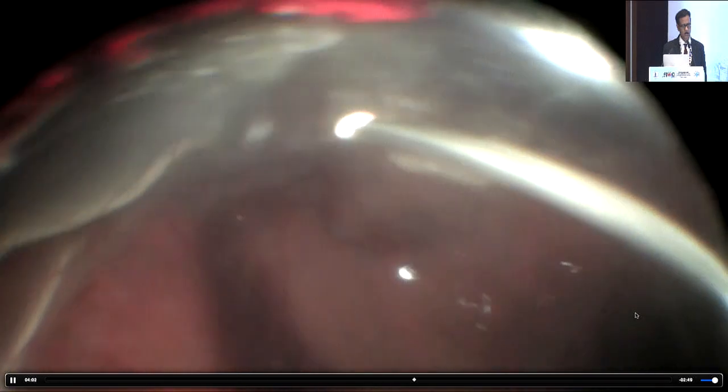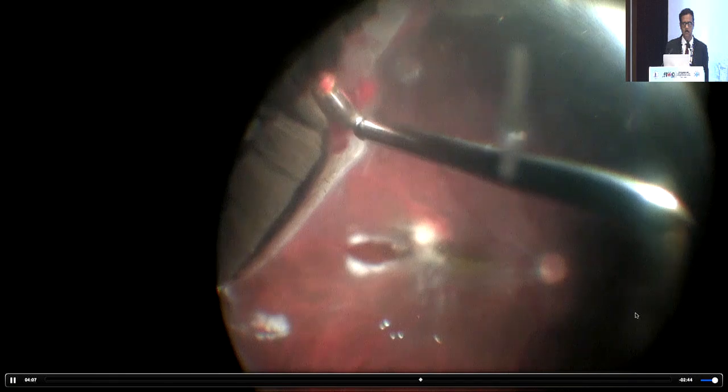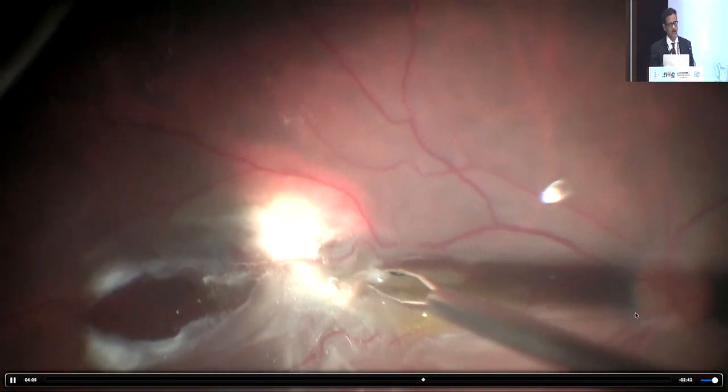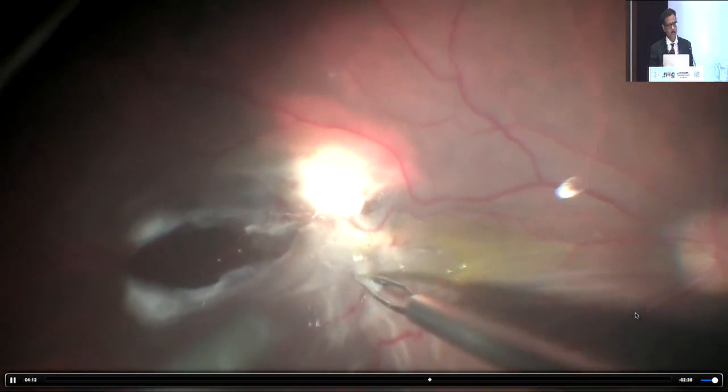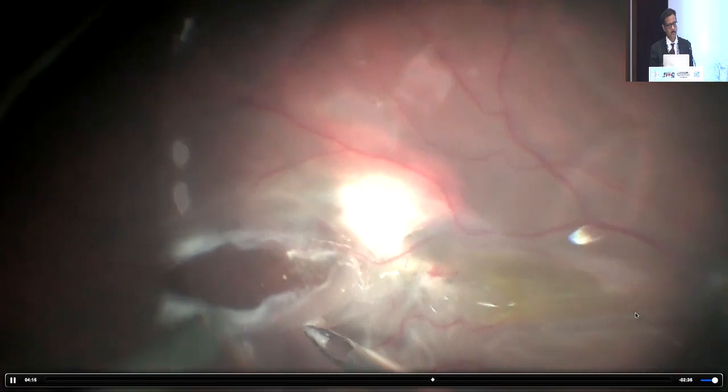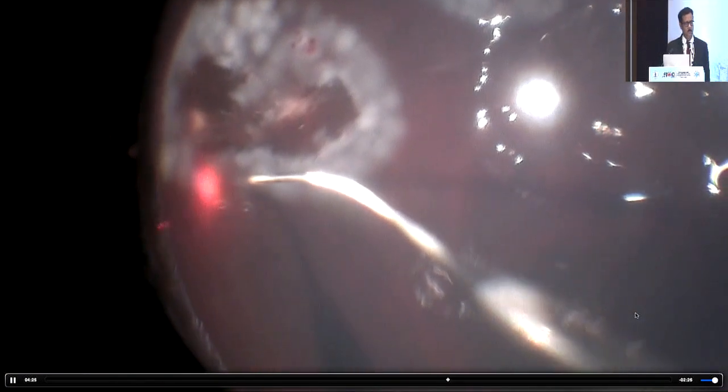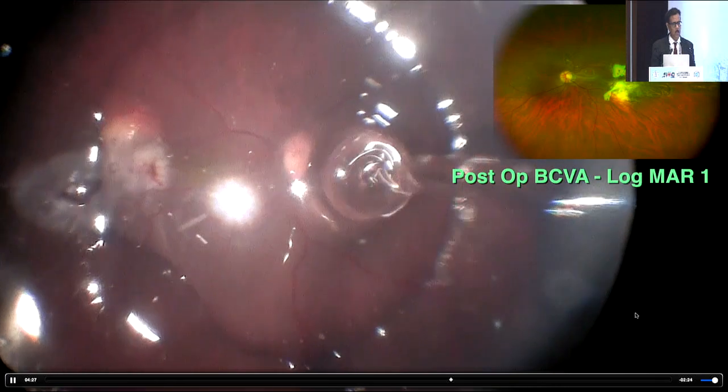Peripheral vitrectomy completed with vitreous base excision. Macular rim removed. Fluid exchange done. Laser barricade completed around the breaks. Silicone oil was used as a tamponade.